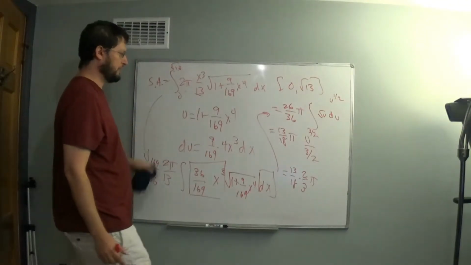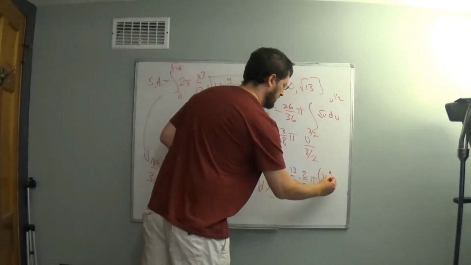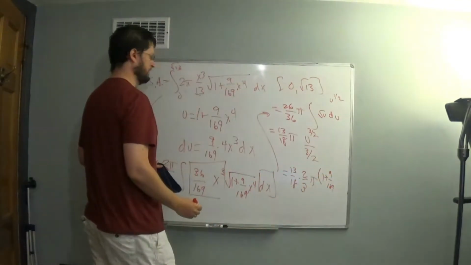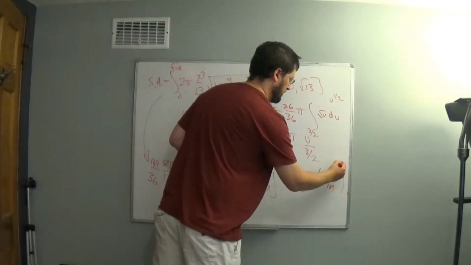Well, u is this mess right here, 1 plus 9 over 169 x to the 4th. So that's all raised to the 3/2.